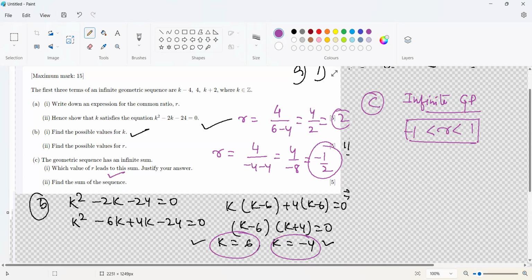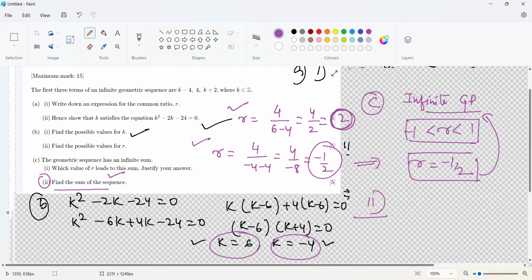So it means out of these two R values, which one will qualify for this infinite GP? One which is having value in between -1 to 1. So this 2, the value of R having a value greater than 1, will not qualify for infinite GP. So I'll take R as -1/2 as my R value for this sequence to be infinite GP. Are you getting this?